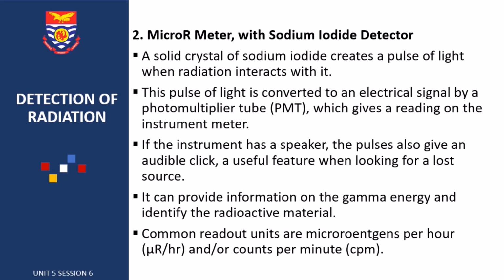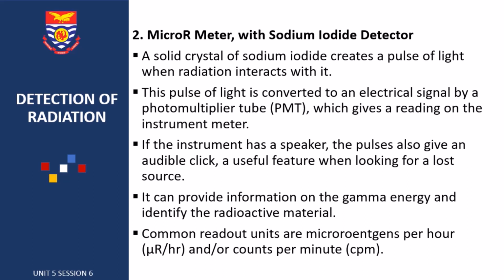The pulse of light is proportional to the amount of energy deposited on the crystal. Now, if the instrument has a speaker, the pulse also gives an audible click, which is a useful feature when looking for a lost source.